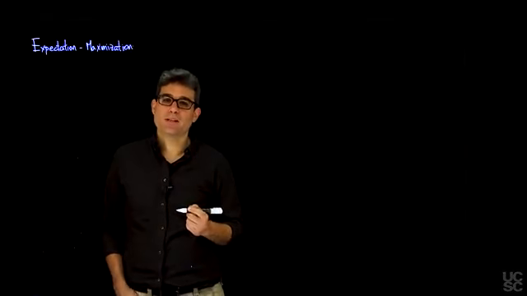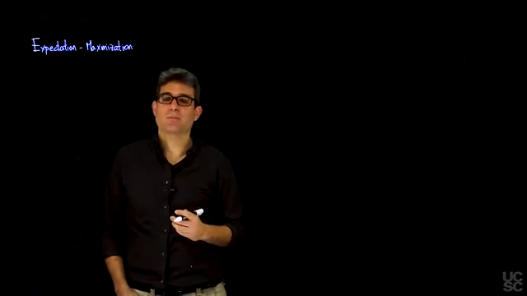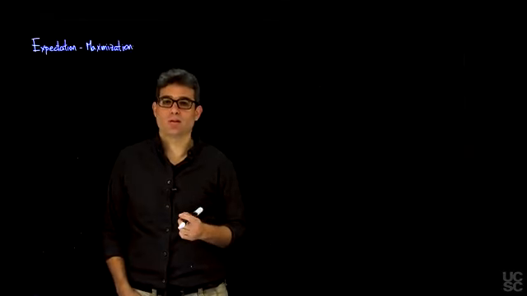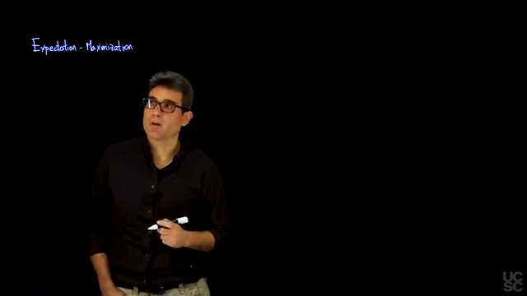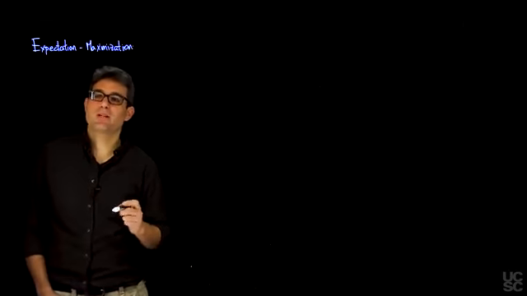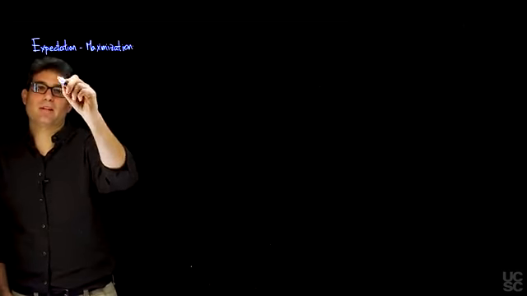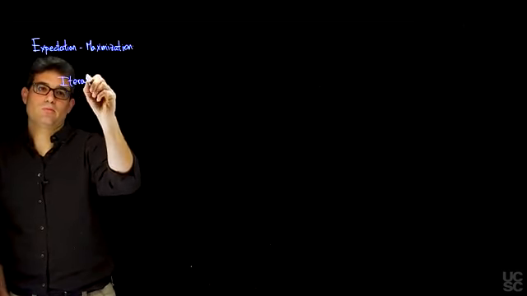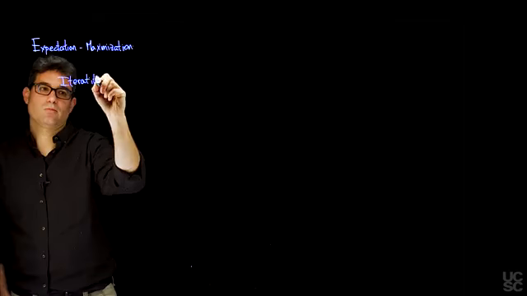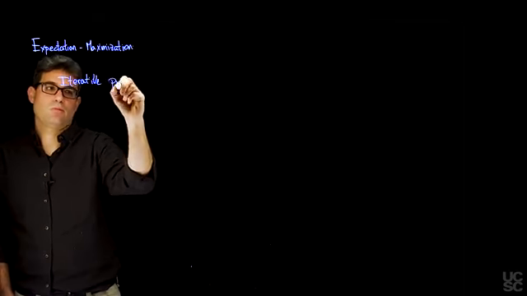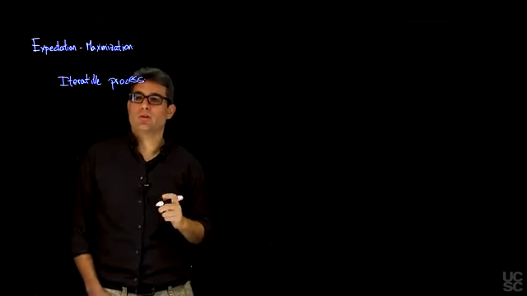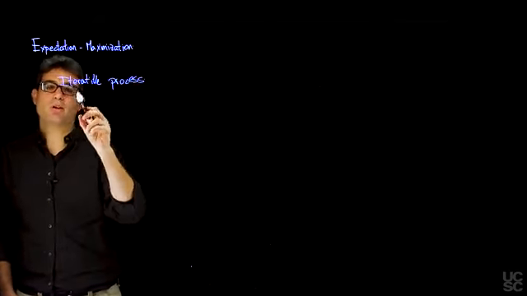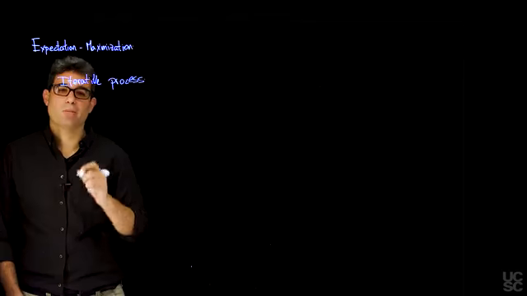Before we go into the details of how the expectation maximization works for mixture models, let me just give you a quick reminder of the algorithm in its most general form. For the expectation maximization algorithm, we have an iterative process. What we're going to do is start with some guess about what the parameters are.